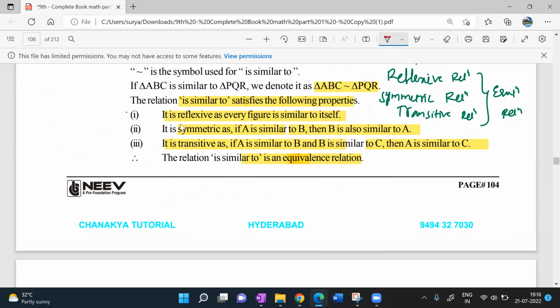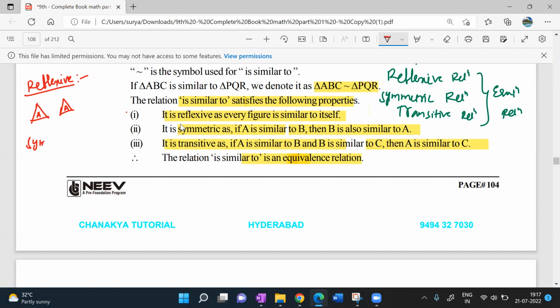Look at this. First, let me talk about reflexive. Reflexive is nothing but there is a figure, and if this figure is similar to itself, that's reflexive, beta. That has to be similar to that figure only. Understand my point?